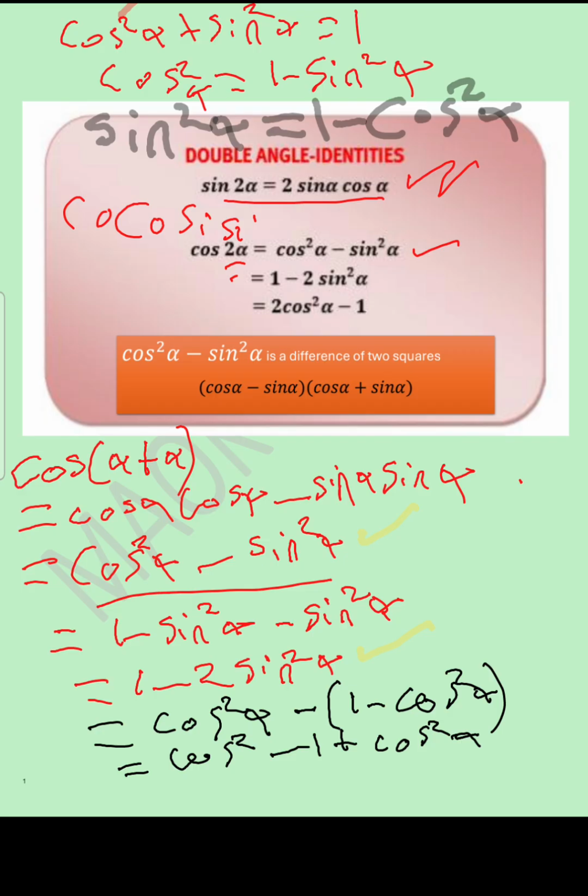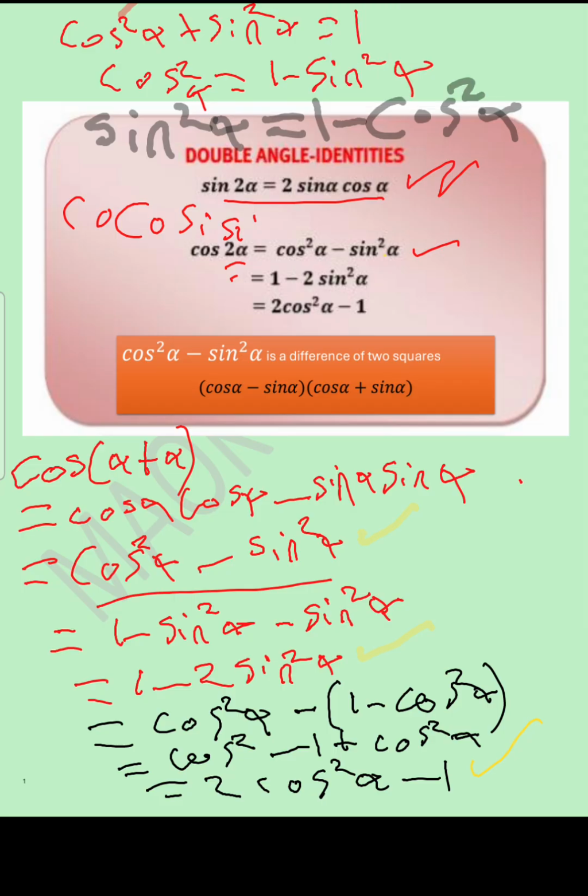Remember, now combine like terms. This is 2 cos squared alpha minus 1, and that is how we get the third double angle identity. Yes, so that's how we find them.